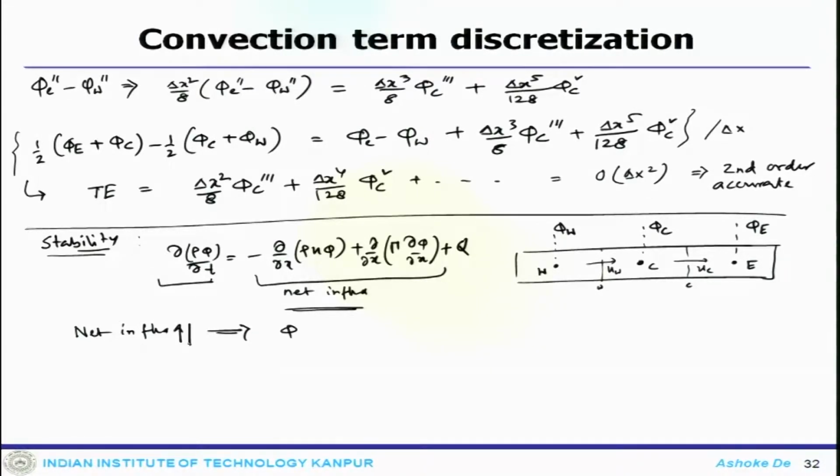So, either increase or decrease in the net influx will have a similar impact on the solution of phi c at each sub iteration step. So, in a stable scheme, this change in phi c is due to the errors in the right hand side, and that should feed back negatively into the right hand side as a self corrective device.